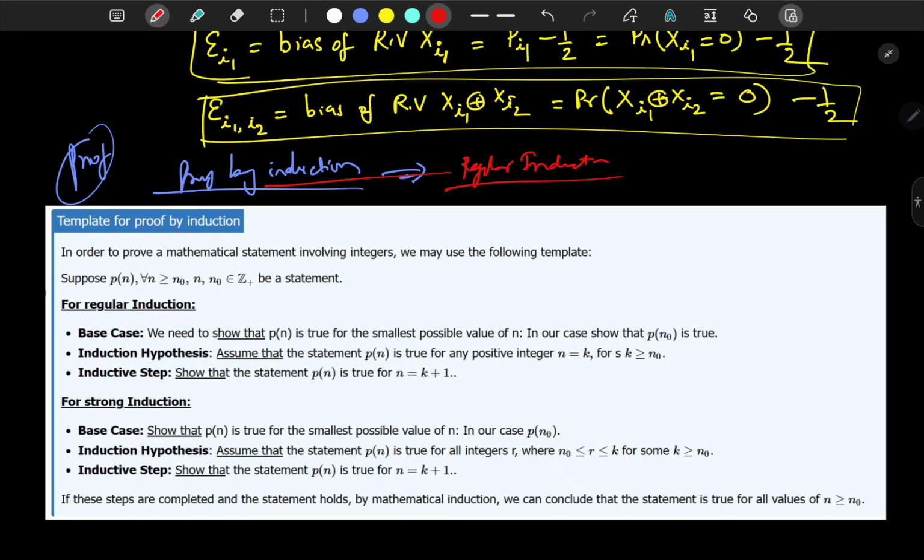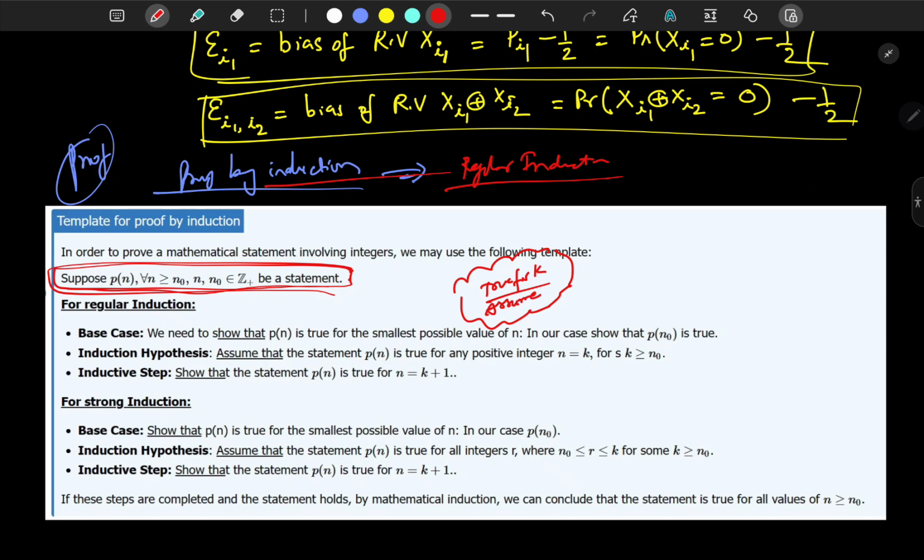In our case, let's see these two things. For every statement there will be one base case, true for an n naught value. We will prove that the base case is true. After proving the base case, we take the hypothesis: we assume, as our strong belief, that it is true for k.